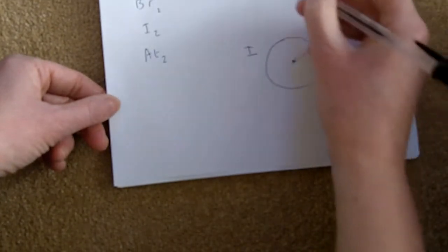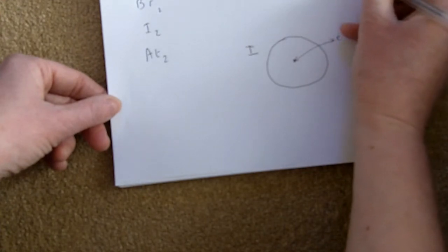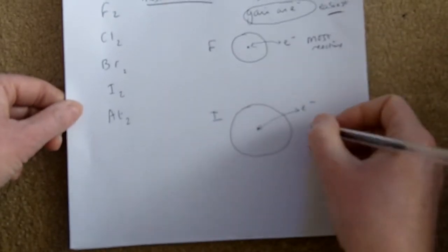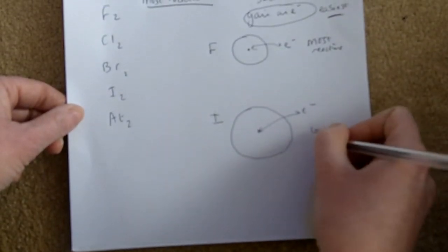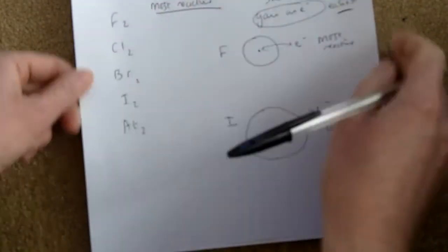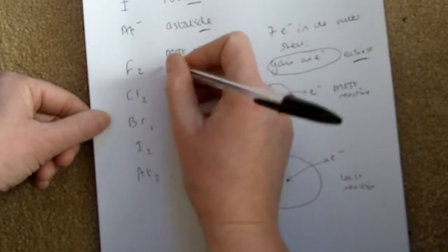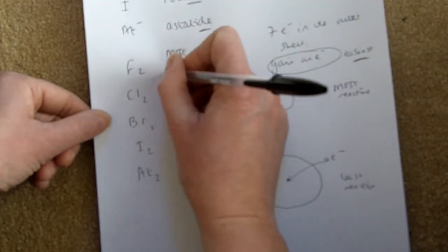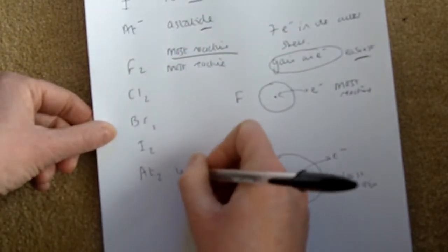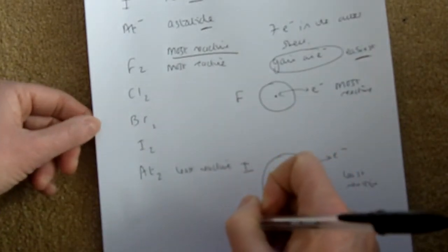So fluorine is the most reactive, and then iodine is the least reactive, or actually astatine if you're going down the group. Let's just write this on the table. The most reactive group 7 element is fluorine, and the least reactive is down the bottom, astatine. And it's all to do with gaining an electron.